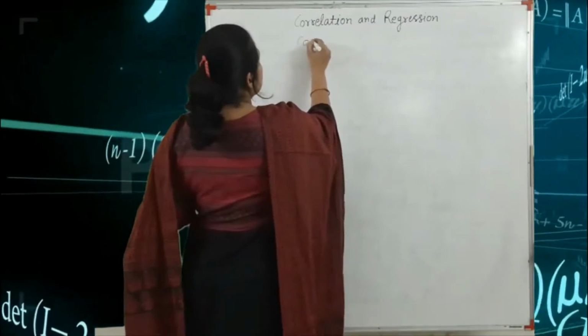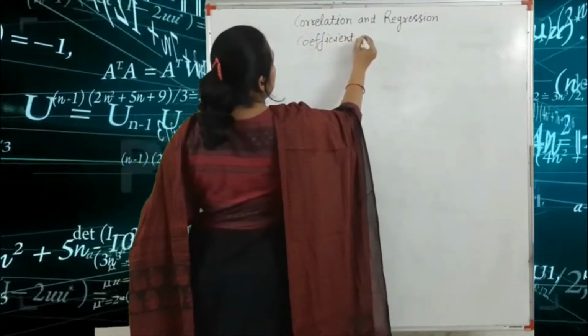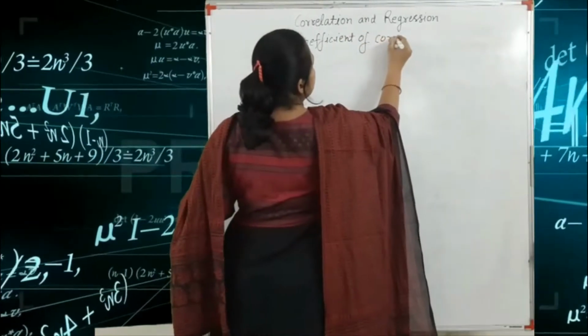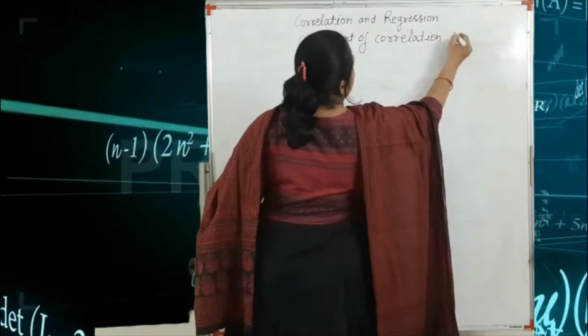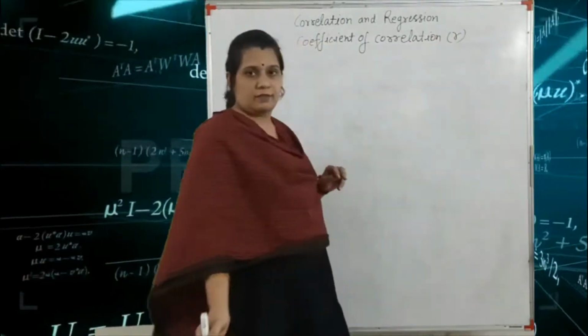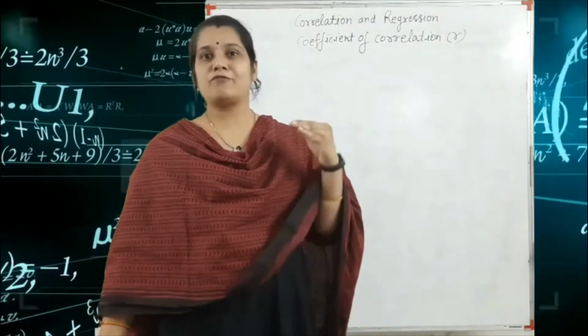So the coefficient of correlation is defined by small r. Here the name is the Karl Pearson coefficient of correlation.